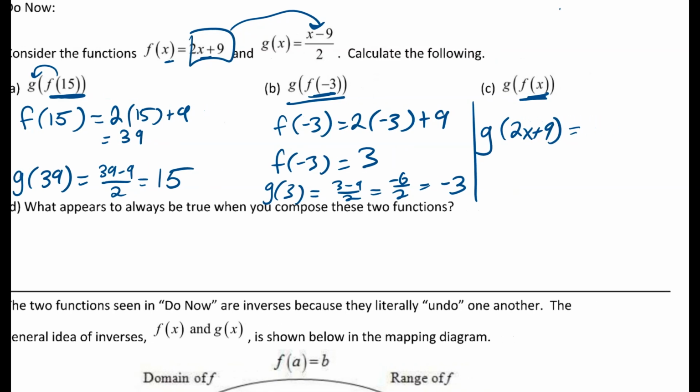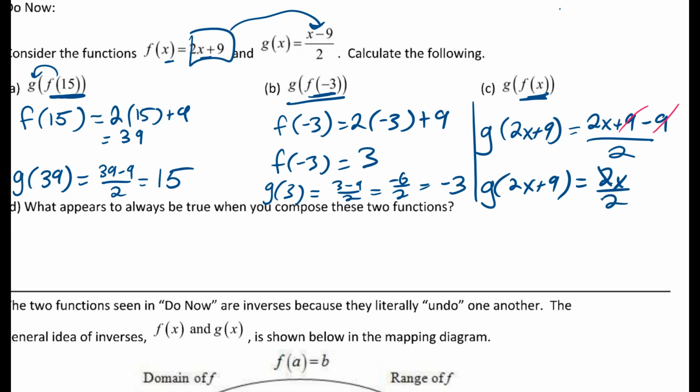If I plug that in for x, it's going to be (2x plus 9), that's my substitution, minus 9 divided by 2. Well, it looks like I could clean up the numerator there. 9 minus 9 is just 0. So g of 2x plus 9 ends up being 2x divided by 2, which is just x, which was in fact my original input into f to begin with.